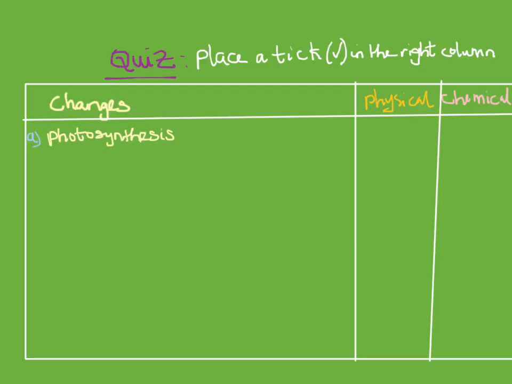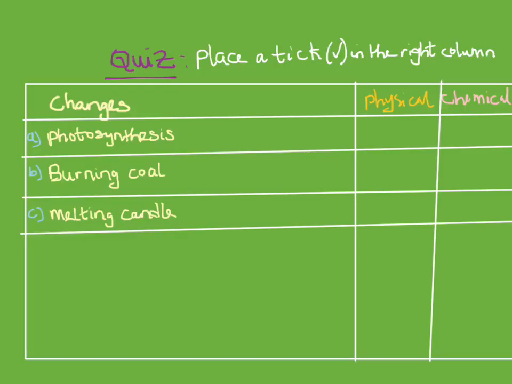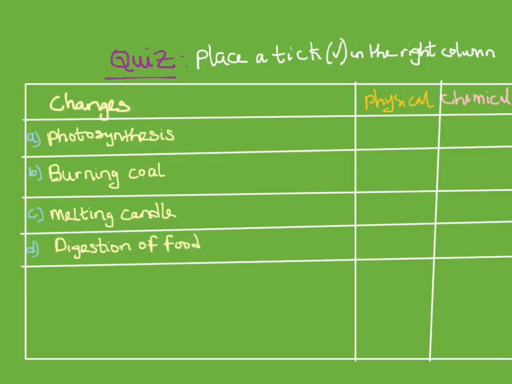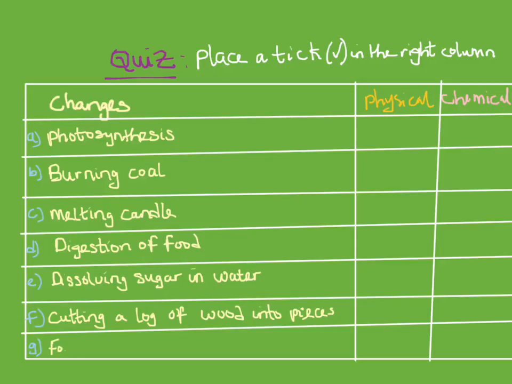We have photosynthesis, burning coal, melting candle, digestion of food, dissolving sugar in water, cutting a log of wood into pieces, and formation of manure from leaves.